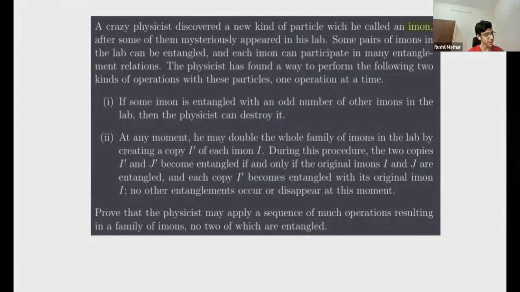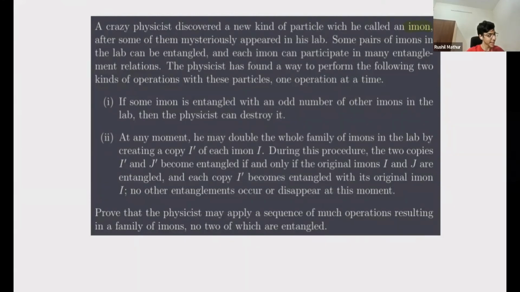Some pairs of imines in the lab can be entangled, and each imine can participate in many entanglement relations. The physicist has found a way to perform the following two kinds of operations, one operation at a time. If some imine is entangled with an odd number of other imines in the lab, then the physicist can destroy it. At any point, he may double the whole family by creating a copy of each imine. During this procedure, the two copies i' and j'.